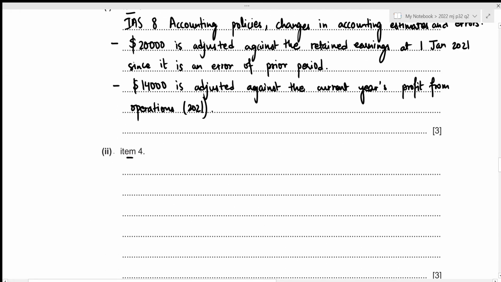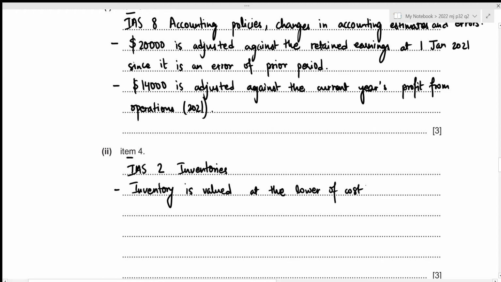Let's write it down. So this is of International Accounting Standard 2, which deals with inventories. And we know that inventory is valued at the lower of cost and net realizable value.